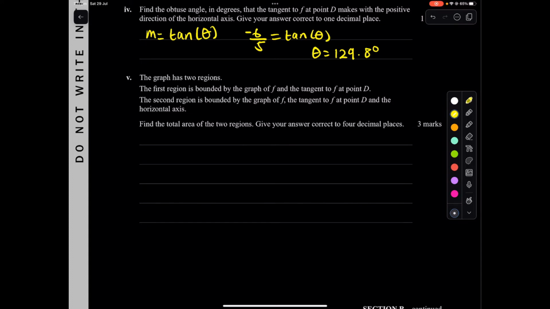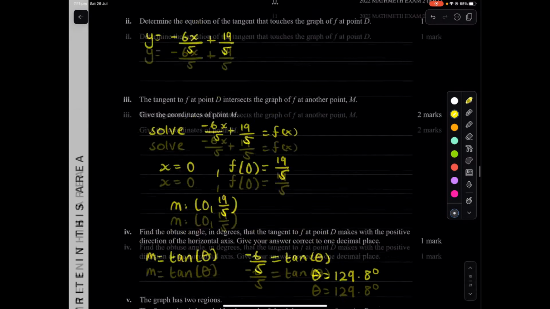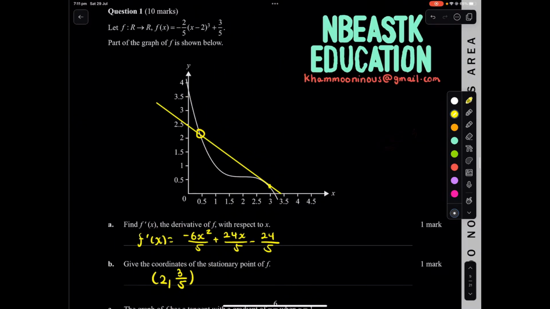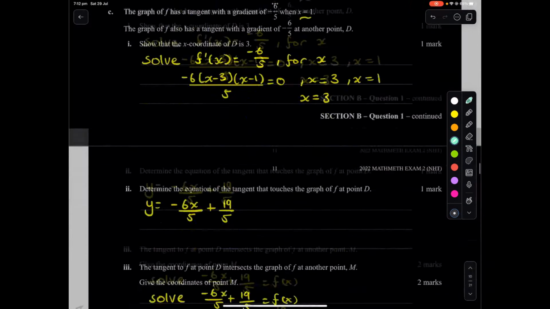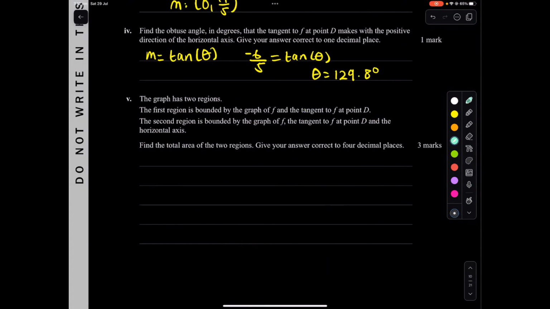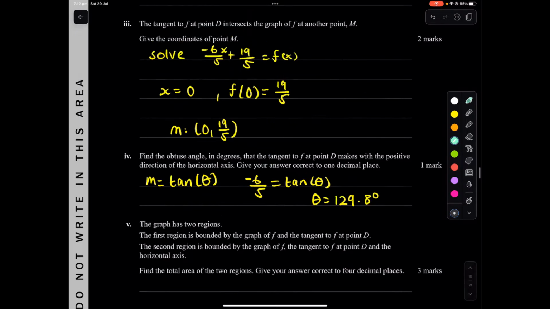Okay. The graph has two regions. The first region is bounded by the graph of F and the tangent at point D. So what they're saying is this part over here. The second region is bounded by the graph of F, the tangent at point D, and the horizontal axis.